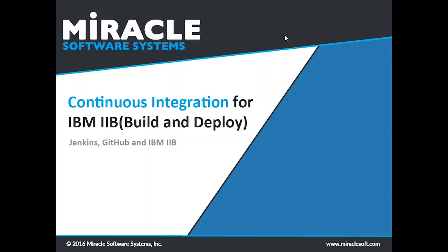We're going to talk about Jenkins, an open source platform for your continuous integration needs, and how it integrates with IIB and schedules your recurring activities, which we do on a daily basis from project development and deployment perspective.